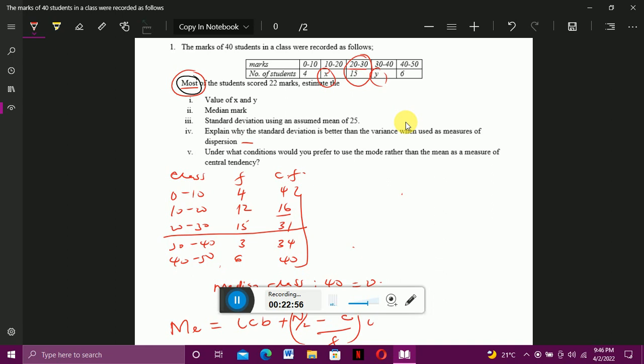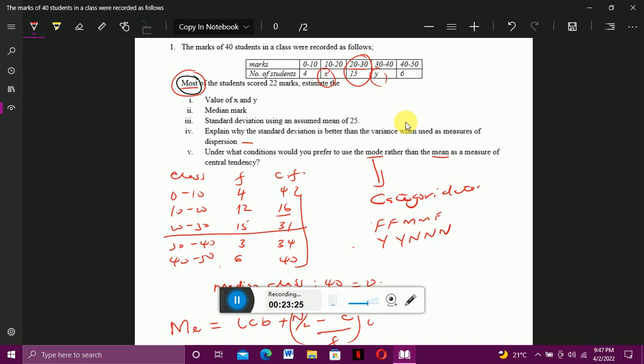Under what condition would you prefer to use the mode rather than the mean as measures of central tendency? We use the mode when we have categorical data, for example female, female, male, male, female, or yes, yes, no, no, no. This is called categorical data.